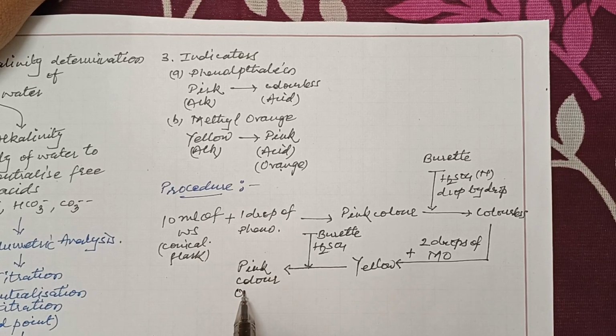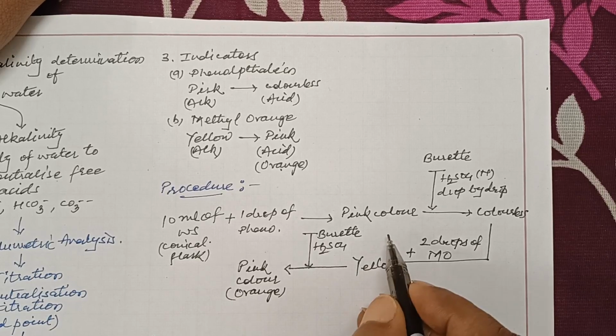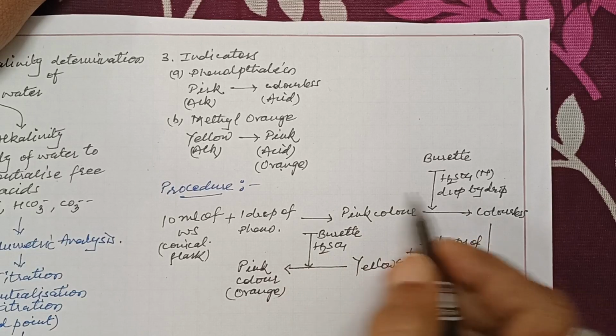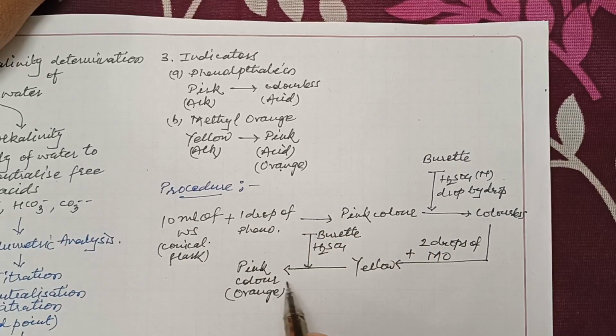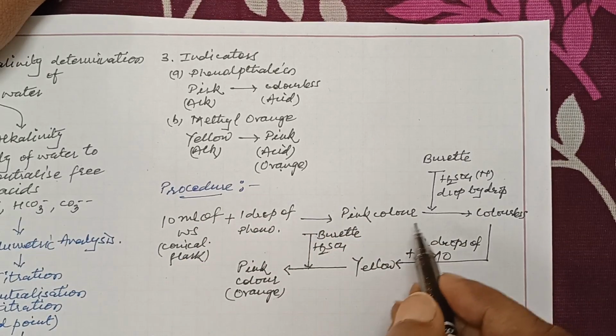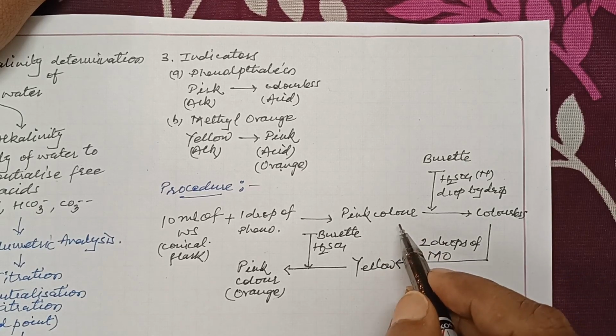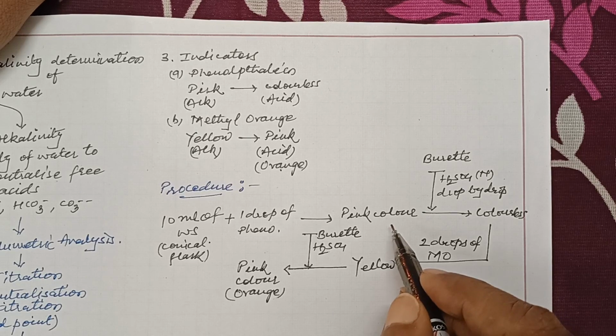So the final appearance is orange. In this whole procedure, you are watching that the endpoint comes two times, or two times the original color of the indicators changes.